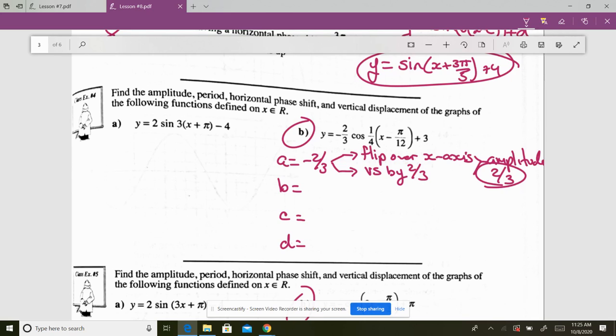What's the B value? 1/4. What's the period? How do you find period? Two pi over B. So if I put my B value in there, what do I get?